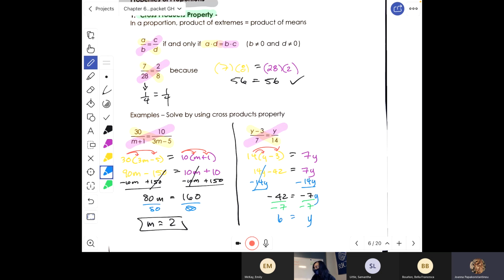How many people got y equals 6? If not, make sure that you see how to get y equals 6.